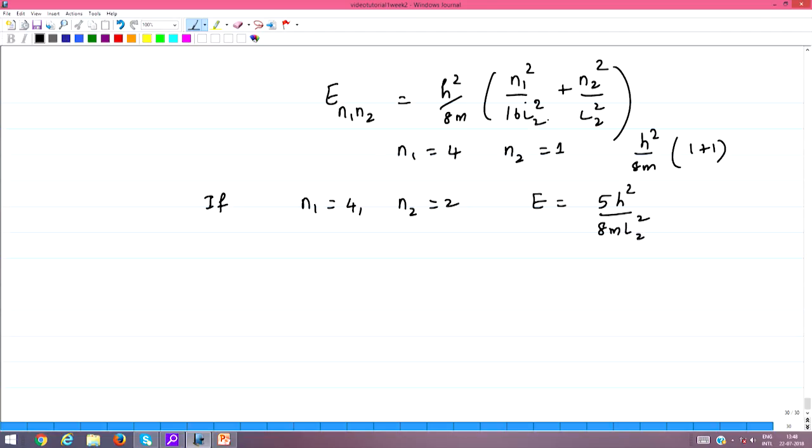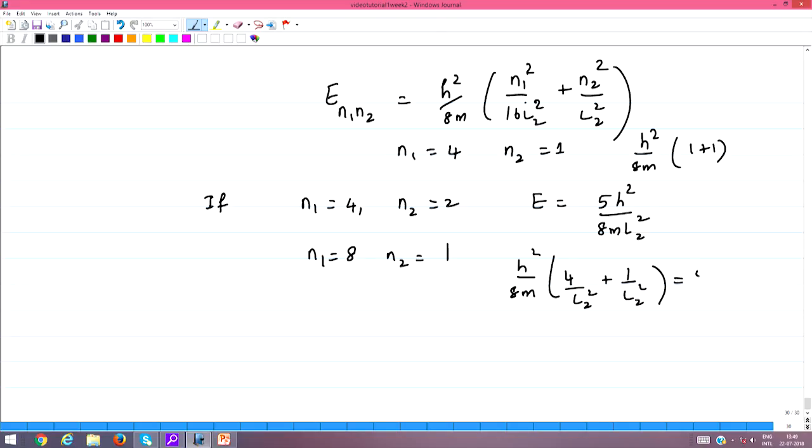This is L2. Okay. And the other possibility for which you have the same energy is n1 is 8 and n2 is 1. You can calculate this as h square by 8m. If it is 16, it is of course 64 by 16. So, it is 4 by L2 square, and the other one is 1 by L2 square.